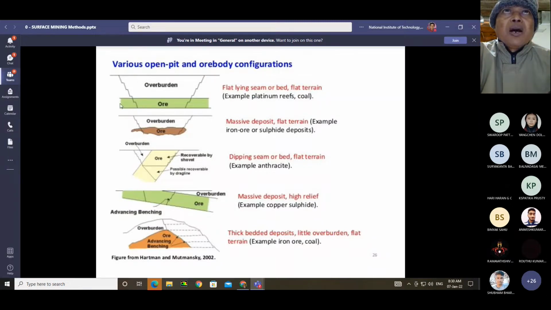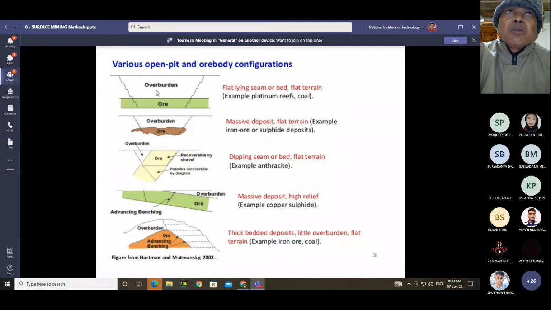Usually coal deposits are found in flat, horizontal deposits. So flat lying coal seams or beds are lying on flat terrain, like your coal deposits. And this coal deposit, green color, is overlain by the overburden, white color.